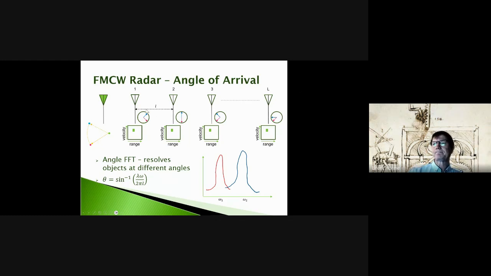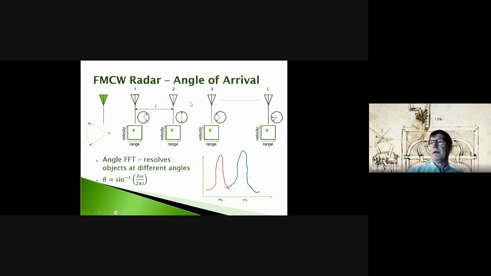So if we just looked at this pair of antennas, we might have this type of relationship. But the phases of both of these are going to sum between antenna 1 and antenna 2, and we're not going to be able to discriminate them.